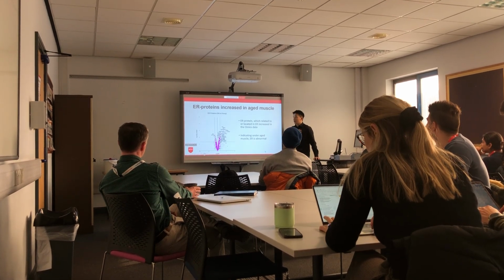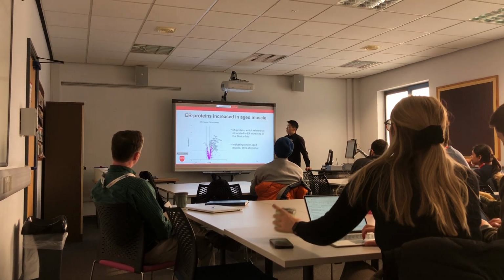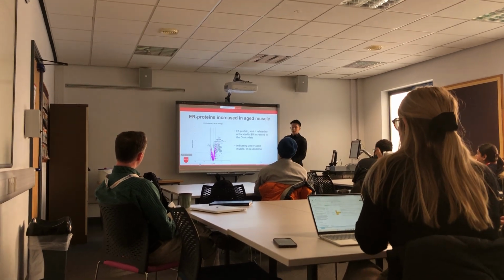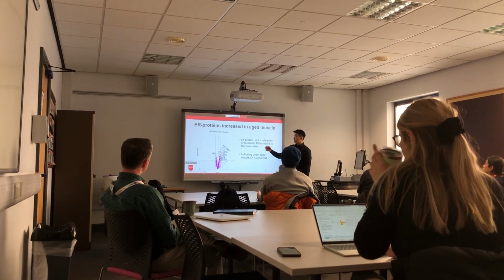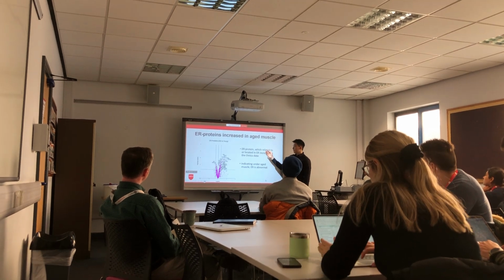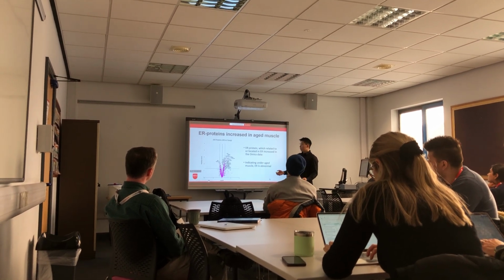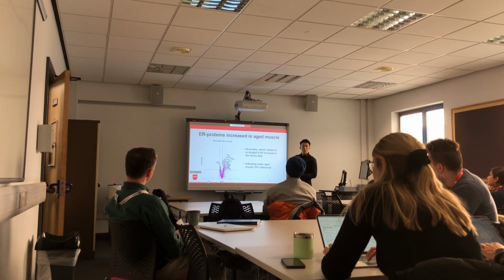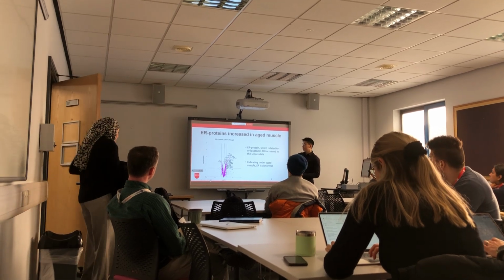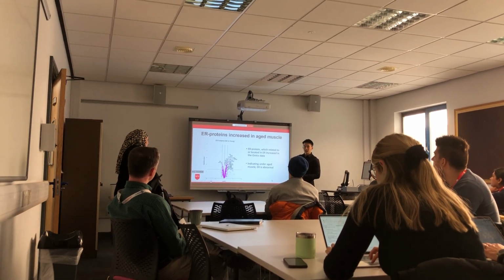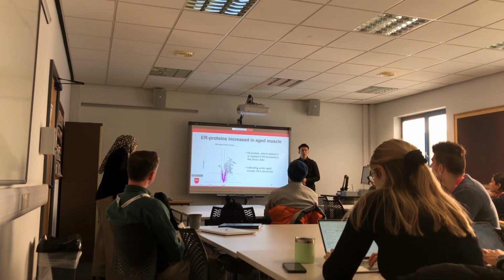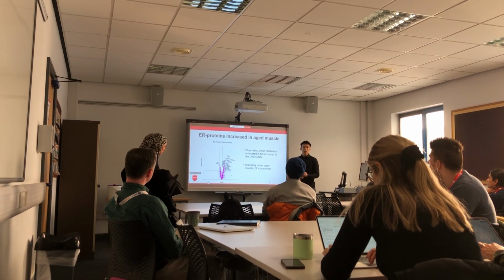According to his omics, we found that endoplasmic reticulum proteins, those mainly located in the endoplasmic reticulum, increased in his omics data set. It indicates that under aged muscle, the endoplasmic reticulum is kind of abnormal.